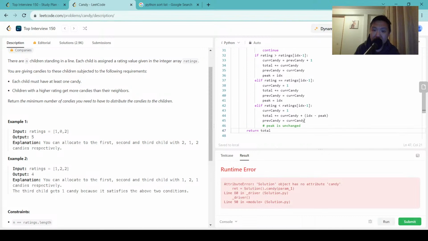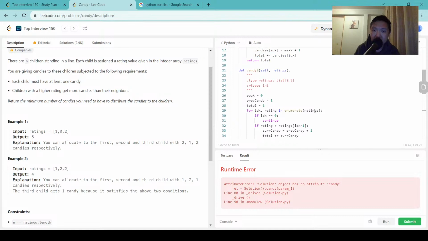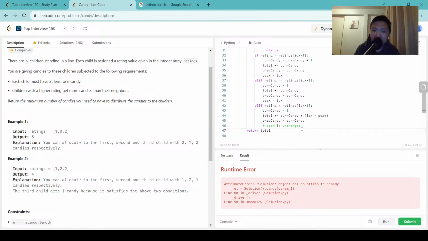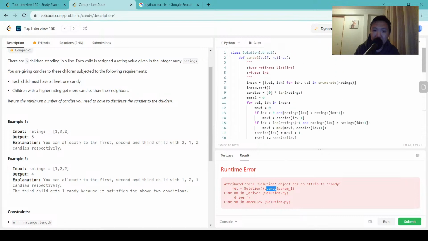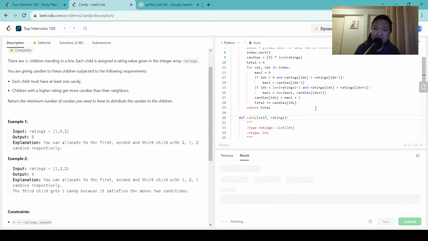Solution to candy. Did I use candy? Where did I use candy? Oh, candy. Ah, gotcha. Here, let's run it. I think this should work.